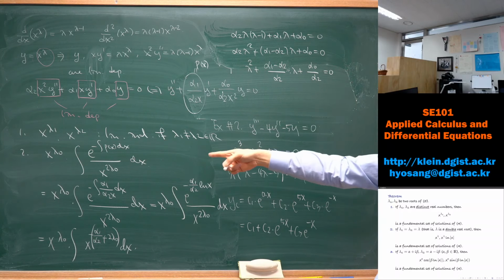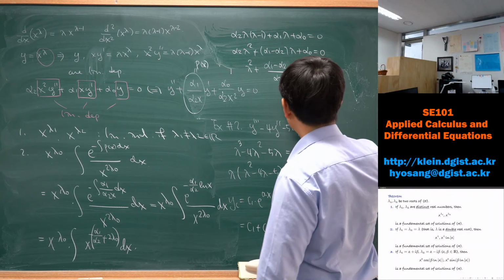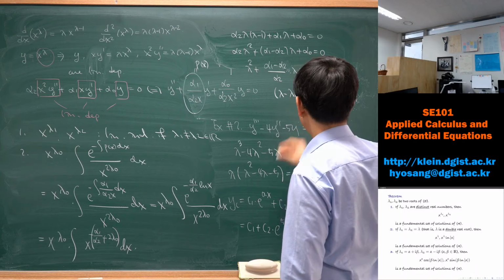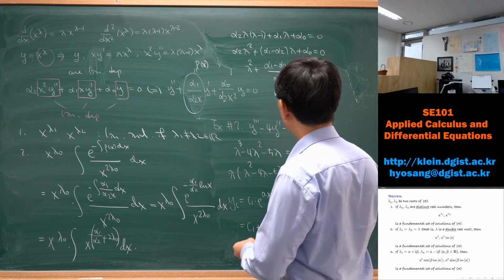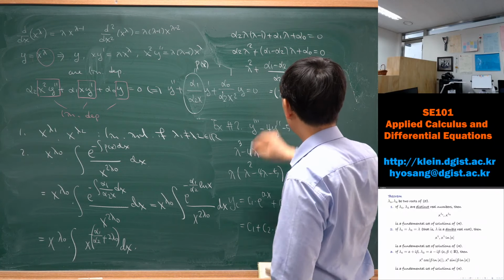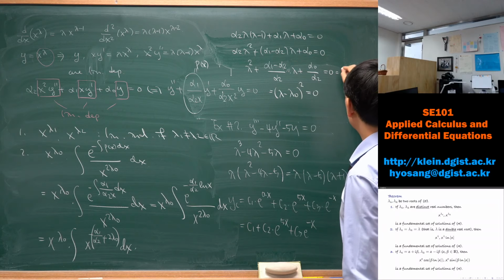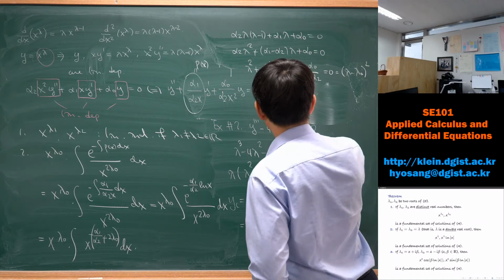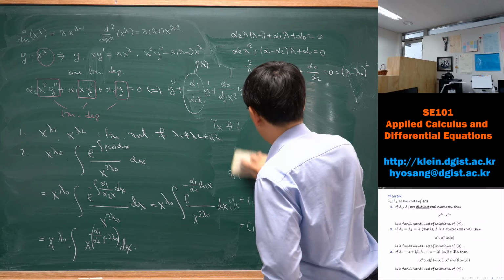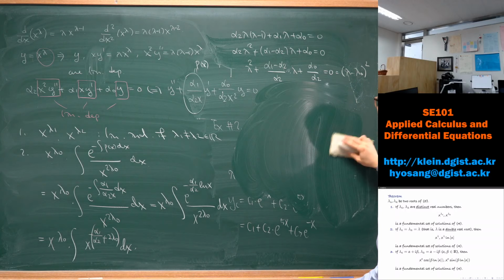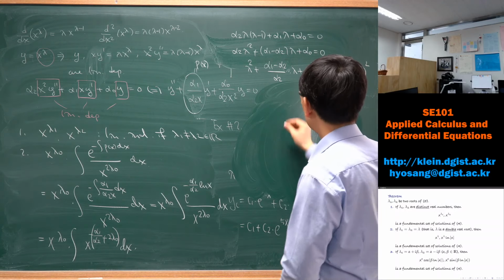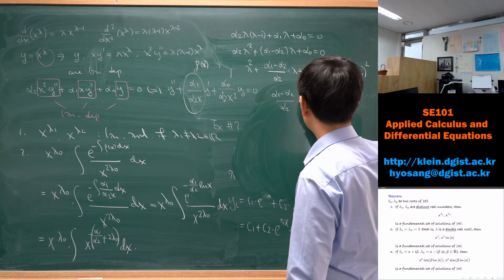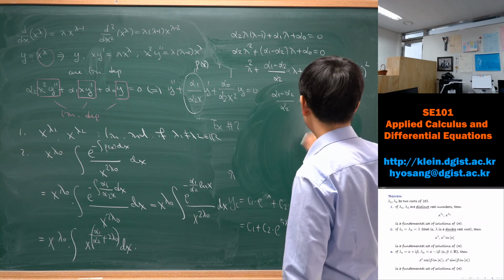Since lambda 0 is a double root, this is simply lambda minus lambda 0 squared equals 0. So this equation is exactly the same as lambda minus lambda 0 squared. If you compare the coefficient of lambda, this is equal to minus 2 lambda 0.